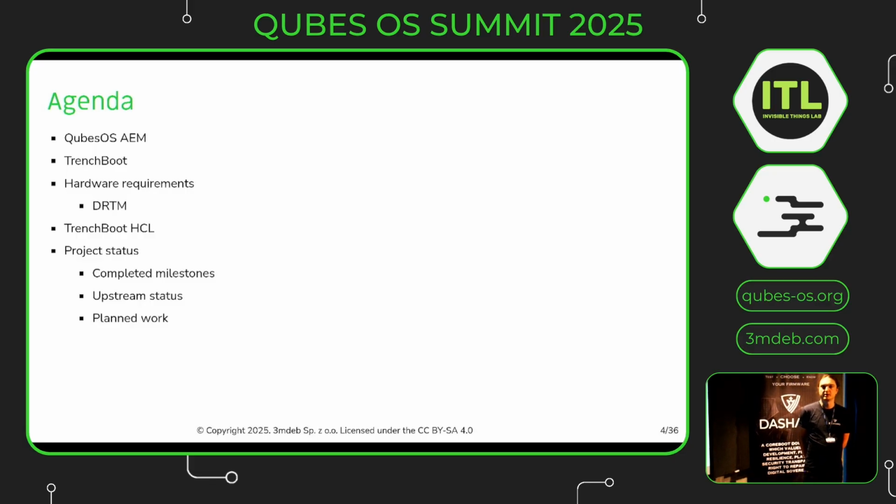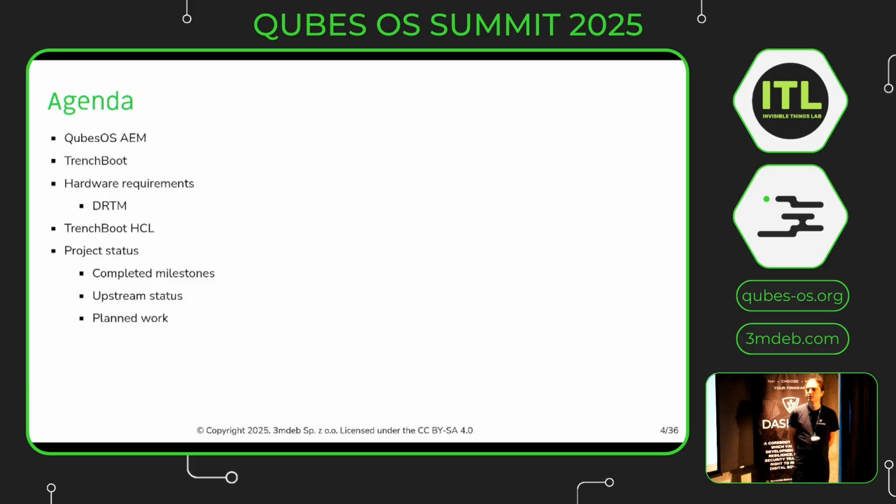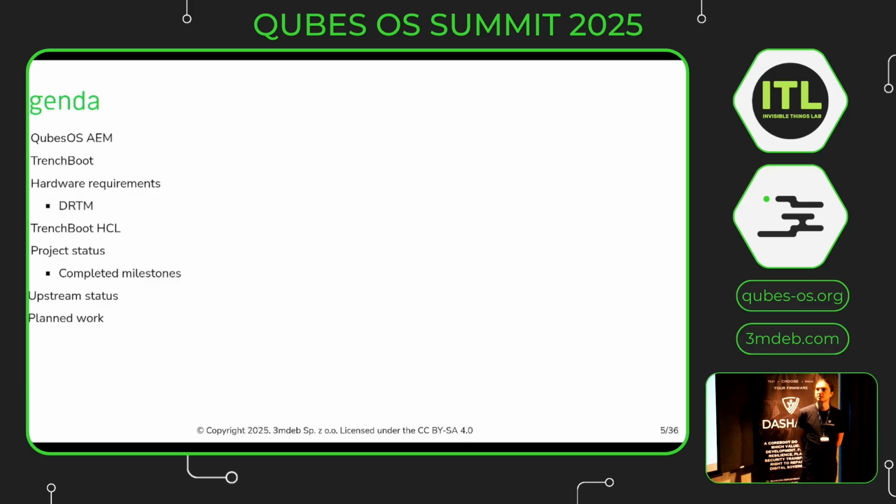We want to create a compatibility list to explain to users which hardware is tested and supported by the solution right now. And we finalize with the project status, to showcase what has been completed in the last months and what the future plans are.